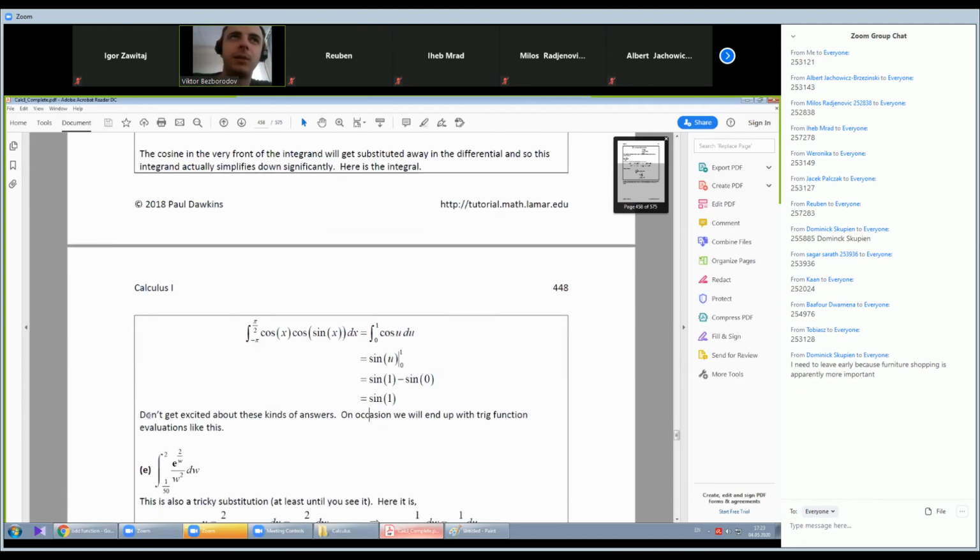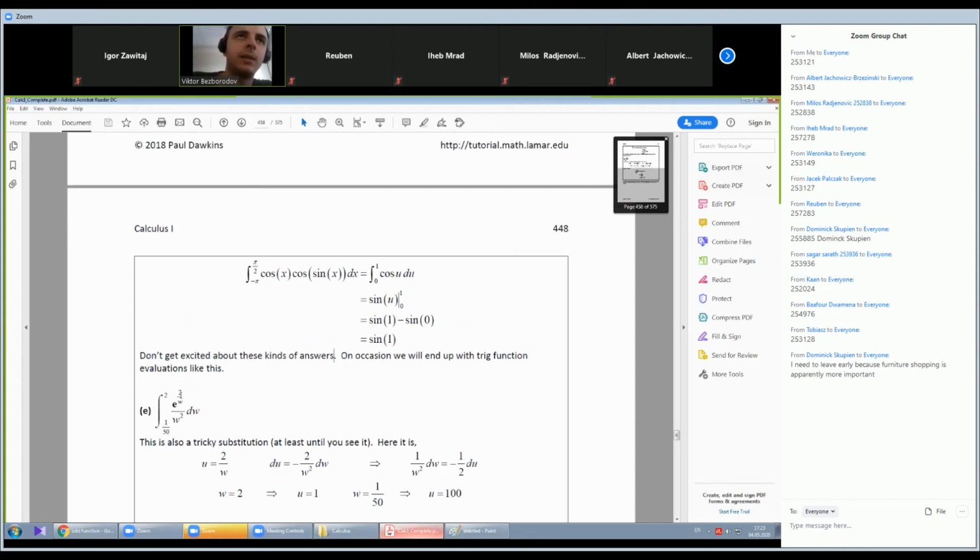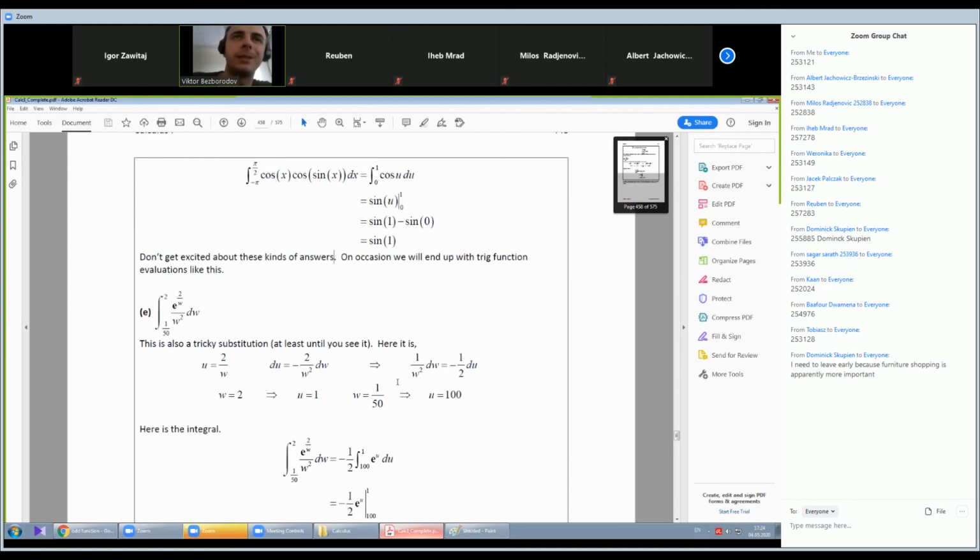And again, here, don't get excited about this, right? Okay, and here we see that 2 over w, right? So 2 over w can be substituted, and the derivative is going to be something over w squared. So once again, we proceed in the usual manner.